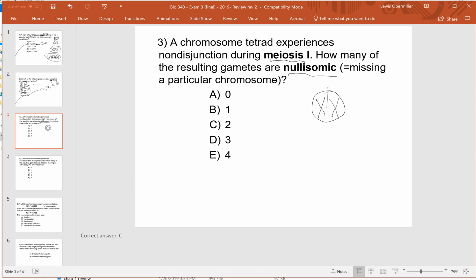And so these tetrads would be divided in meiosis 1 into dyads, and then the dyads would be divided into 1N here, which would be the correct number.